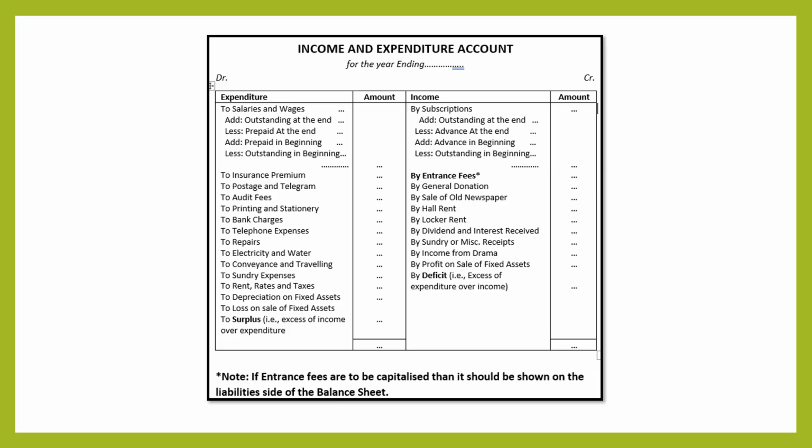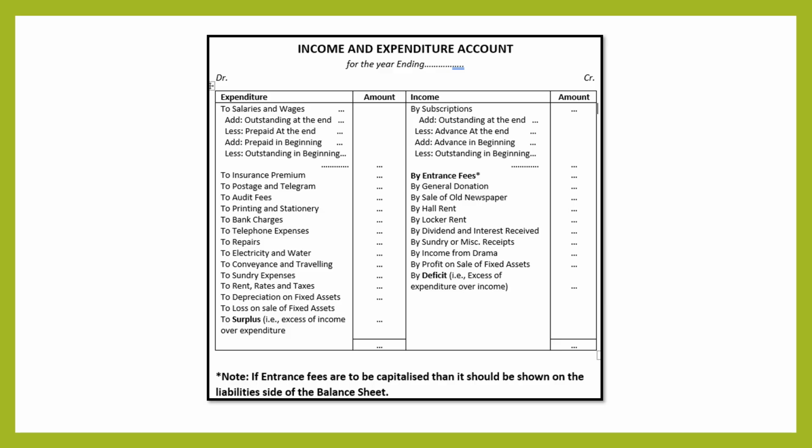You have to include only revenue receipts, which will appear on the credit side, like the income side, and revenue expenses on the debit side. Next, make all adjustments relating to prepaid or outstanding expenses, income accrued or received in advance, provisions for depreciation, etc.